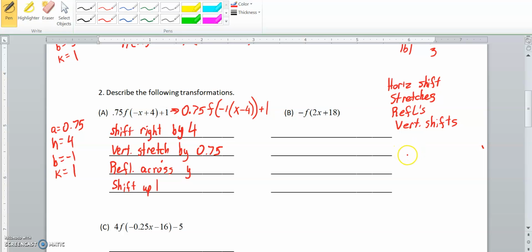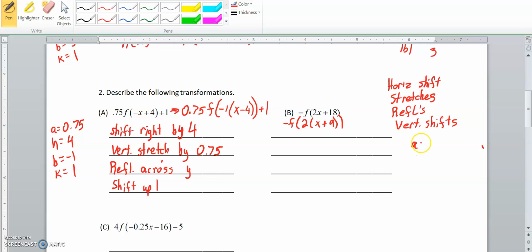B, I have to rewrite B also as -f of 2 of x plus 9. Now we have our standard form, a f of b times x minus h plus k. K is 0.